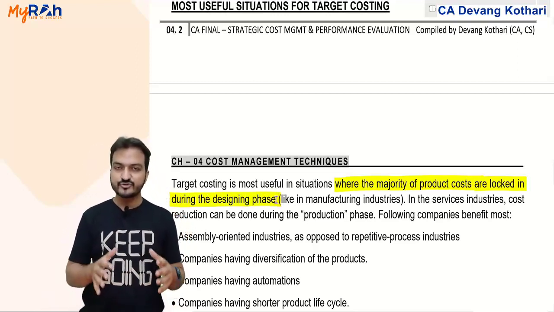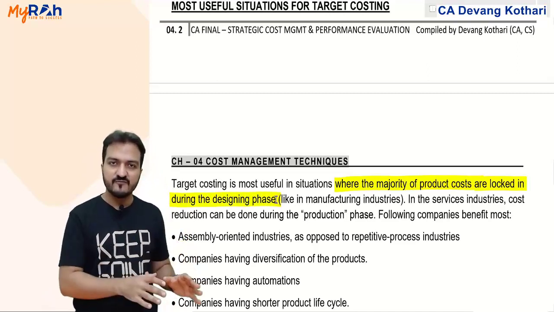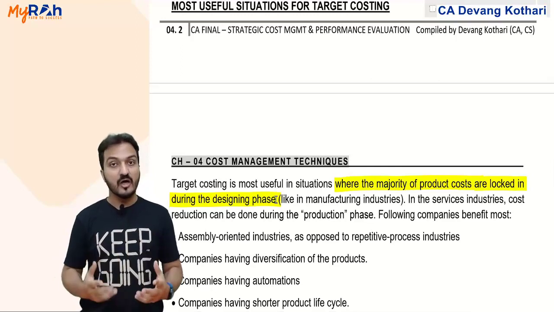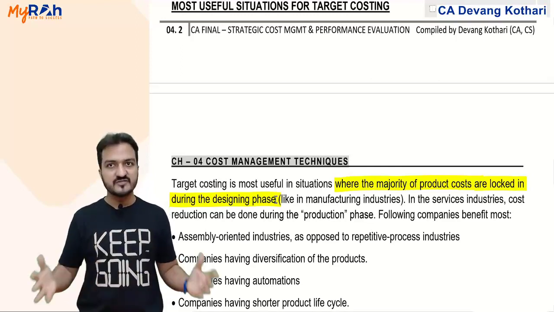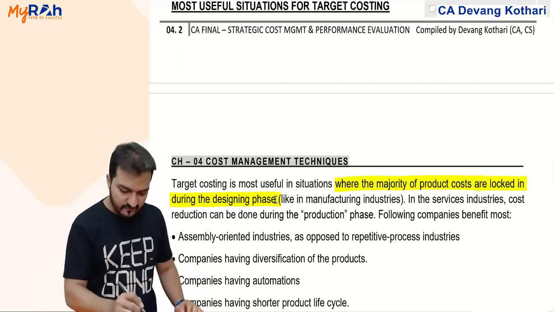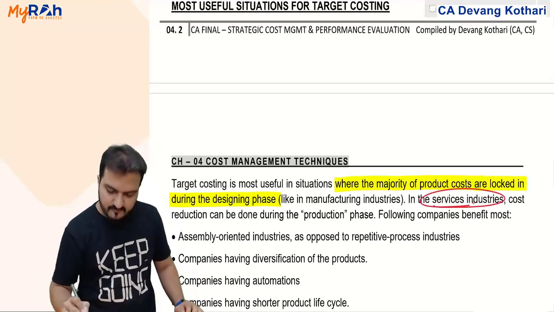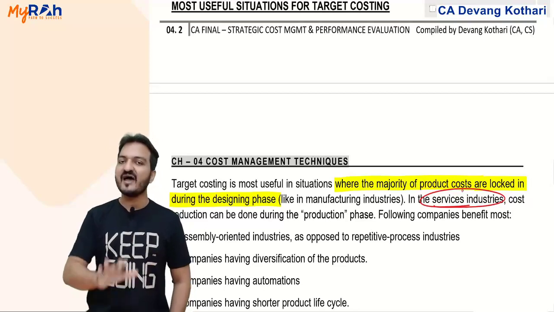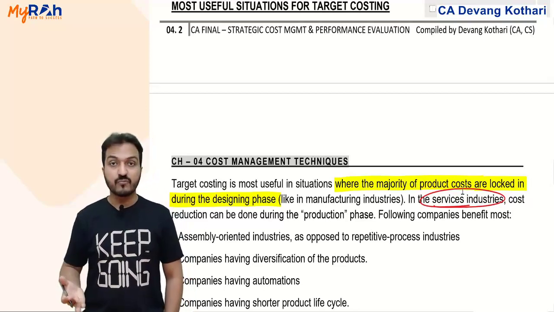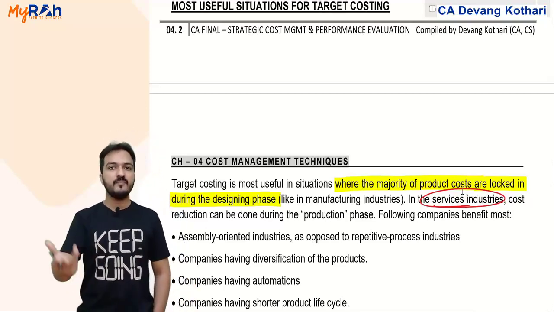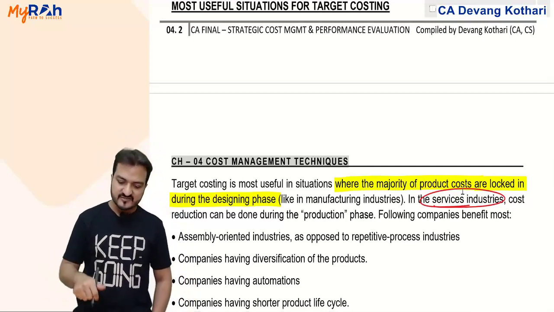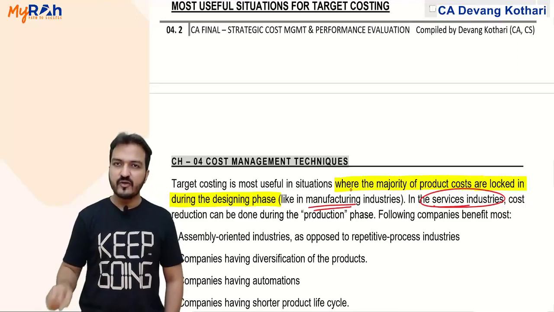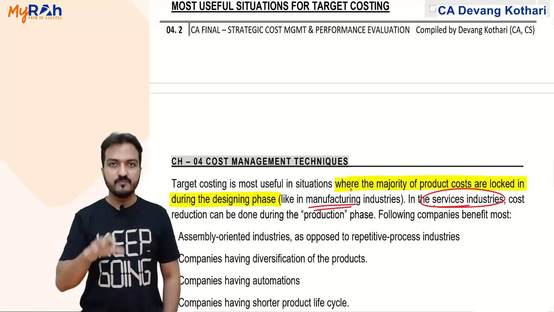In a manufacturing industry, at the time of designing itself, you will know which cost will be incurred, because every unit that you now manufacture will be of the same design. While in the case of service industries, cost is not fixed at the time of designing, because every service that I provide might be unique, might be different.